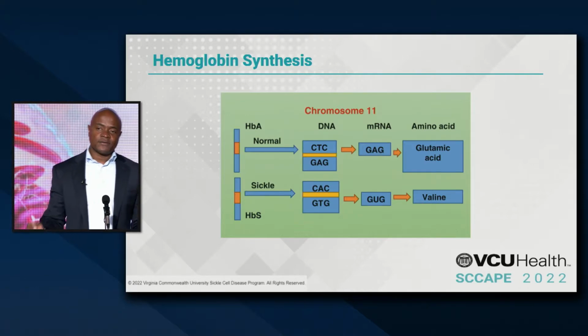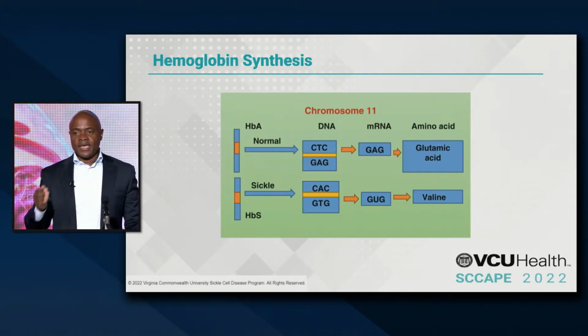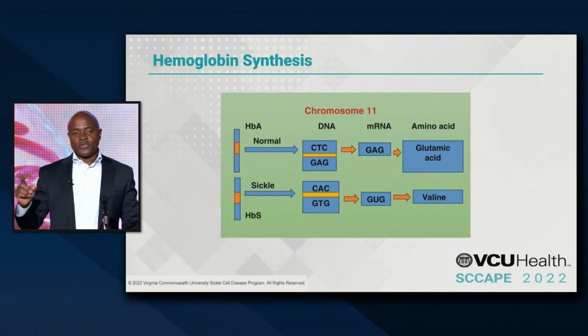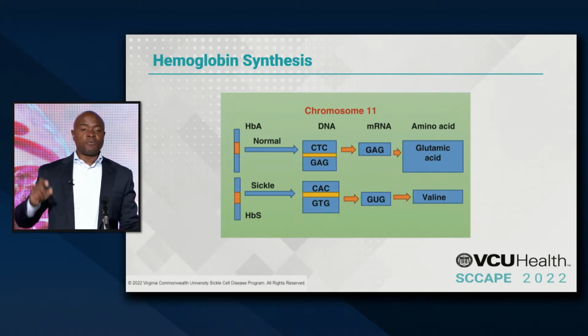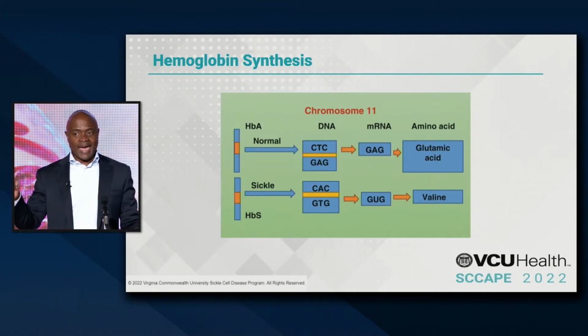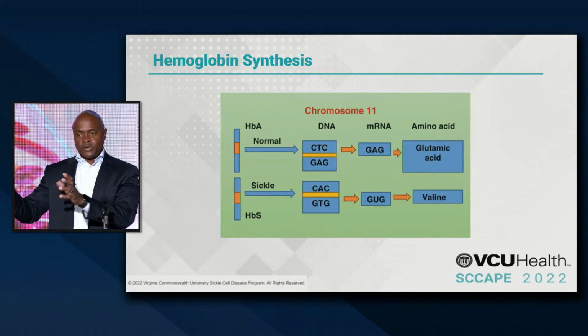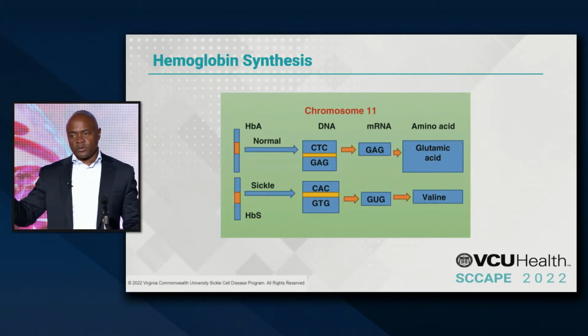And in the case of sickle cell disease, it results in the recruitment of this one amino acid, which is called valine, when it should be recruiting an amino acid called glutamic acid. And so it's just that one simple change when the body is building that protein molecule that results in sickle cell disease.